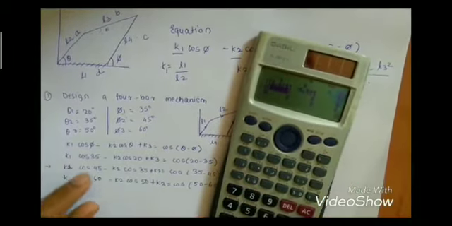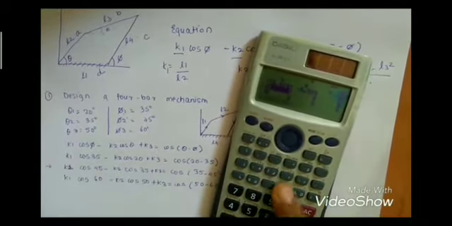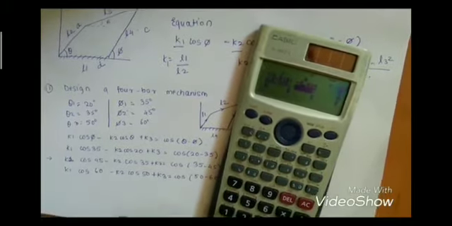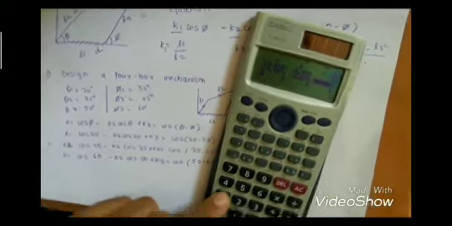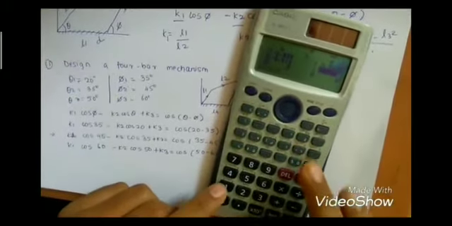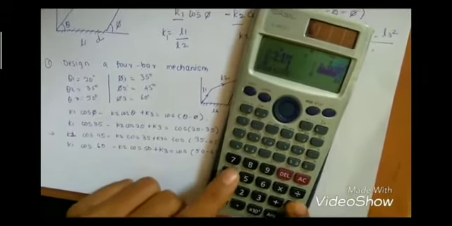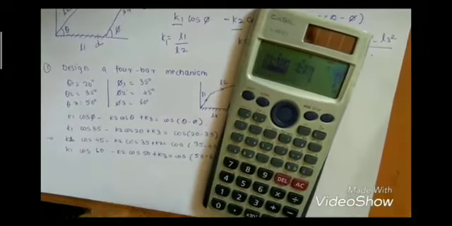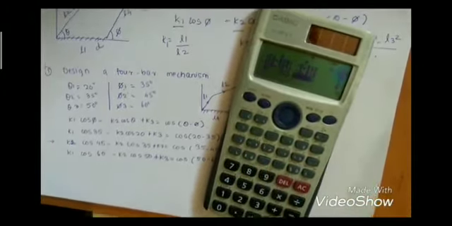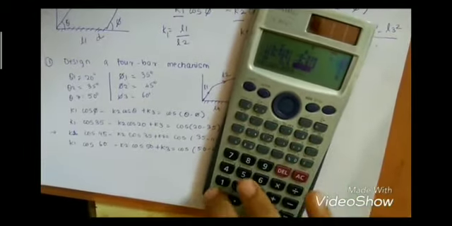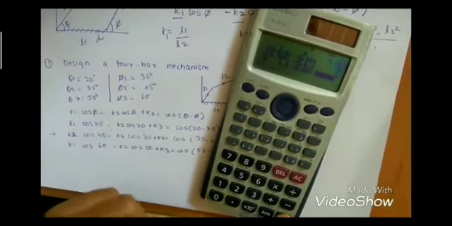Next equation number 2, cos 45, next minus cos 35, as usual k3 will be 1 and the d value will be cos (35 minus 45). Now the third equation, cos 60, k2 will be minus cos 50 and k3 1.